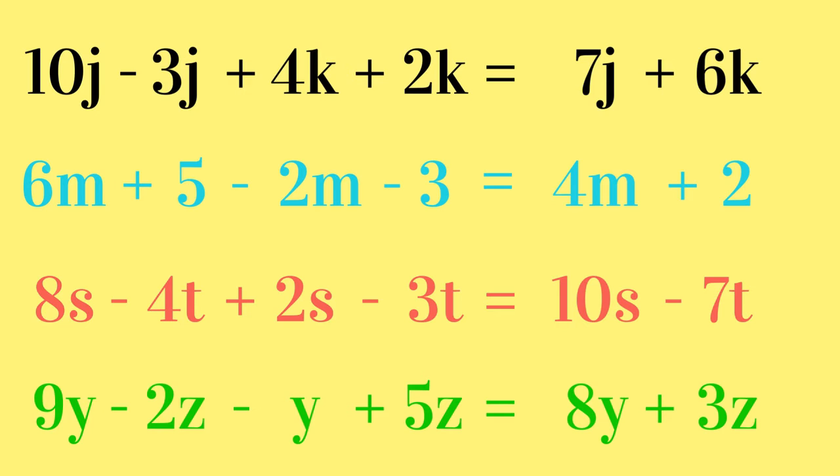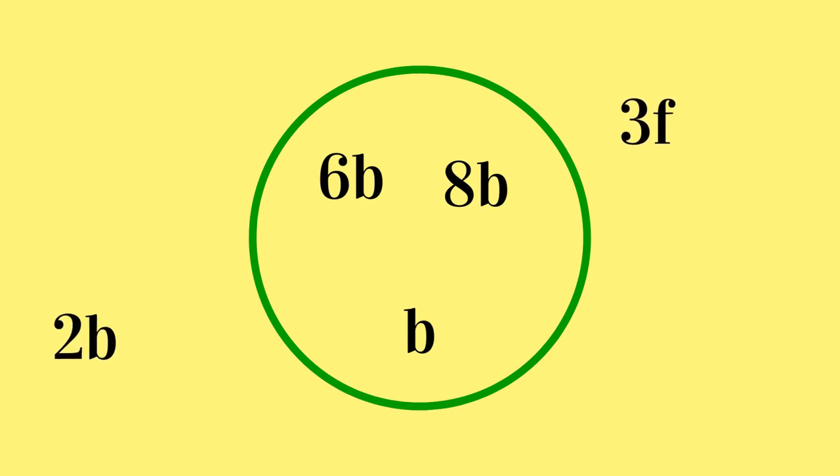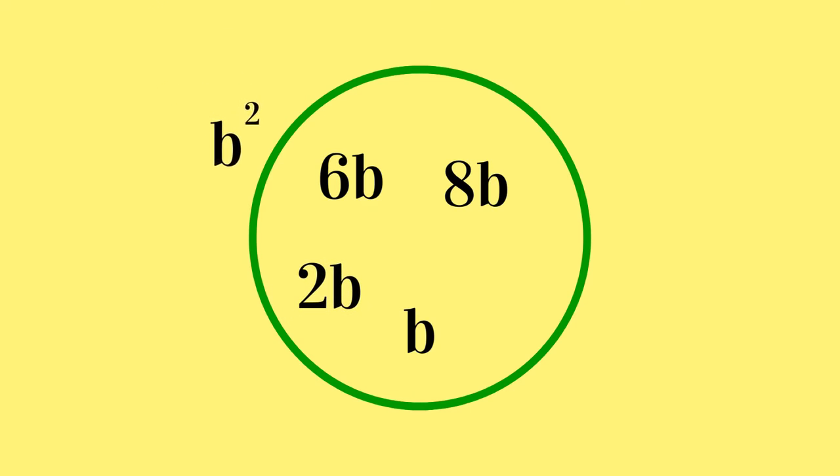We have to be careful that we don't try to group non-like terms together. This is especially true when dealing with variables with powers. For example, if we had 6a add a squared add a, here we have two sets of like terms, the a's and an a squared.